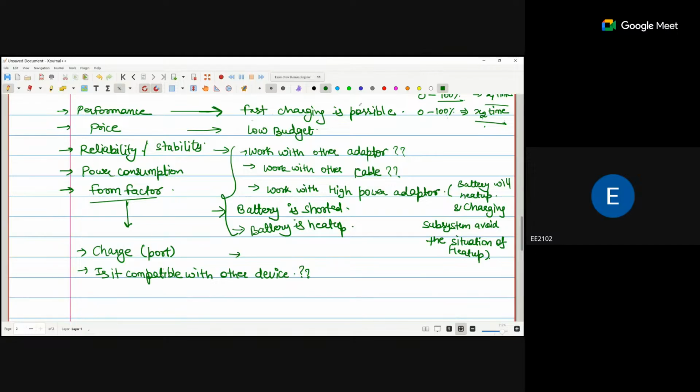Suppose the USB port that is given is not the same for all pen drives. What happens in that scenario?